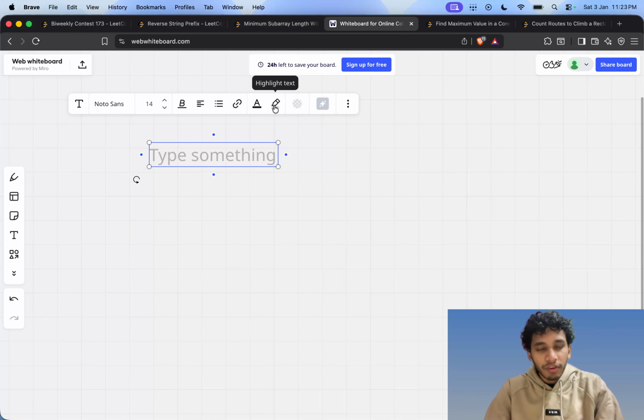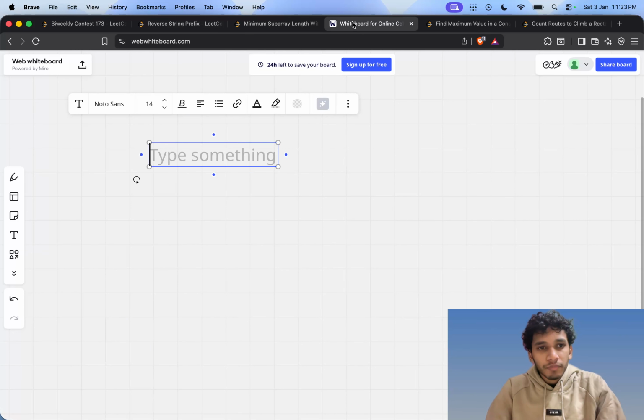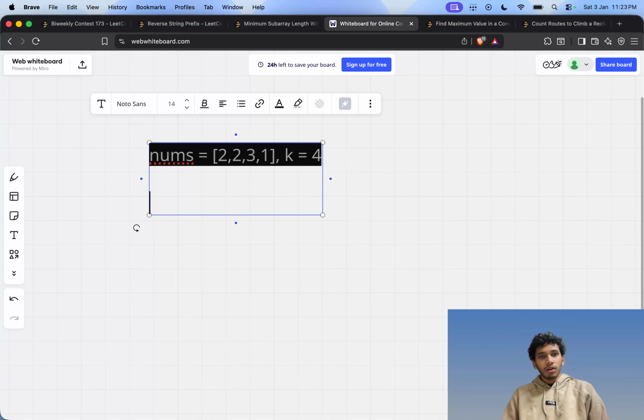Now, where we are given some numbers. Let's say we are given this array and this k, and we want to find a array which has sum greater than equal to 4, and it is a subarray of this nums array. Alright, and we want the minimum length of such a subarray.